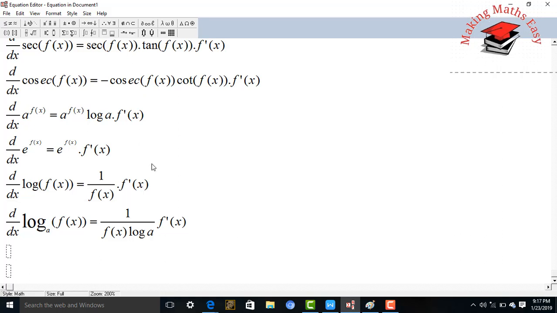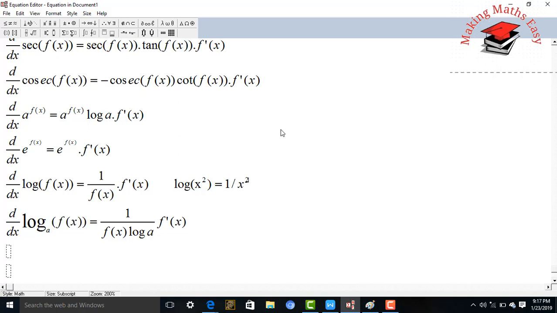Suppose I have been given a function as log of x square. In order to simplify such kind of functions, the derivative will be equal to 1 divided by x square, but that's not enough.